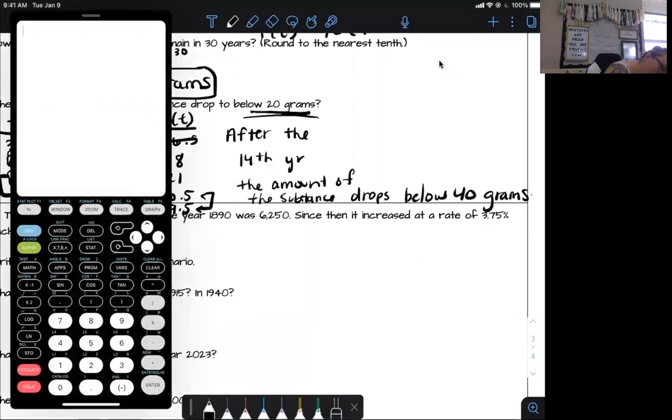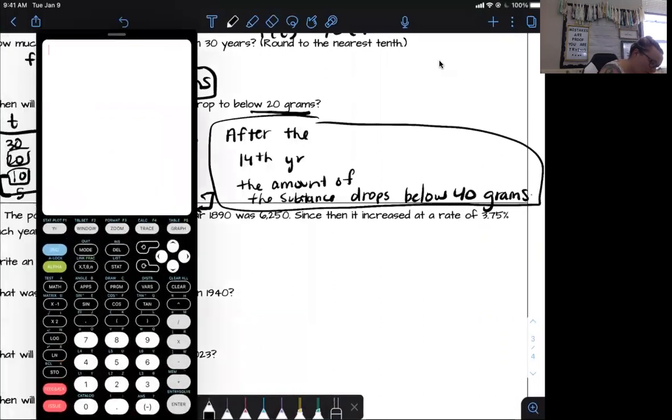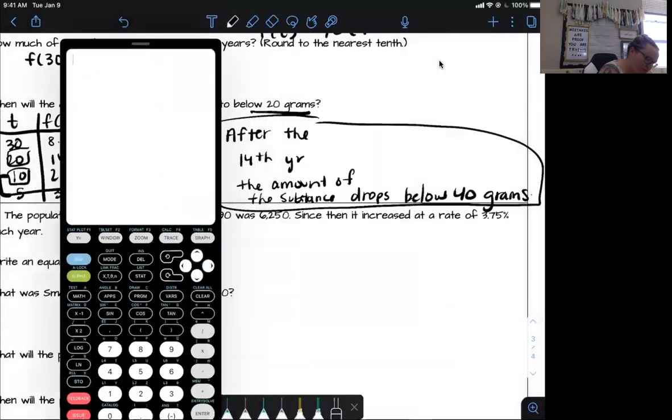All right. Cool. Or you could have said sometime between the 14th and 13th year, our substance drops below 40 grams. Either of those would work.